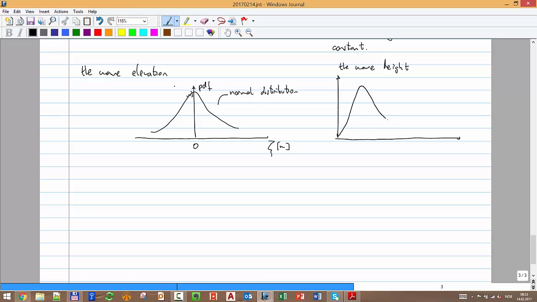So the PDF of the wave height H, if that one looks normal, then this one usually looks like a log normal distribution, or we also call it, just so that it doesn't sound strange when you see it someplace, a Rayleigh distribution.